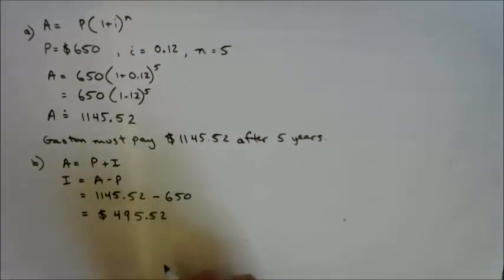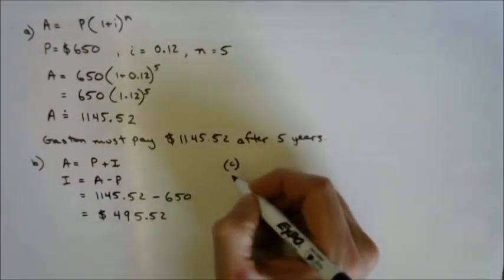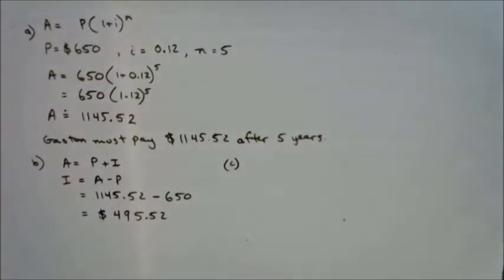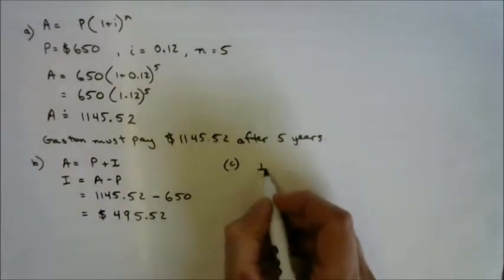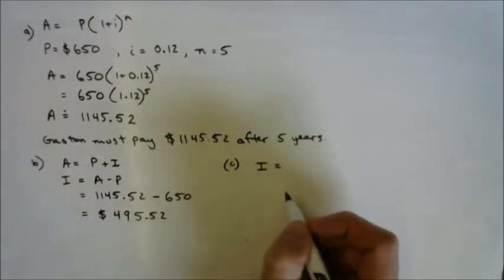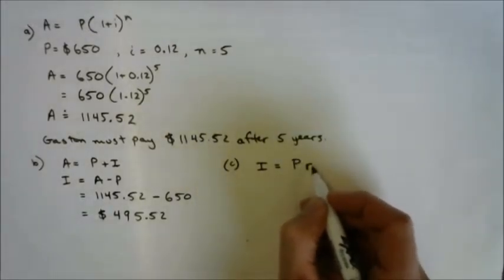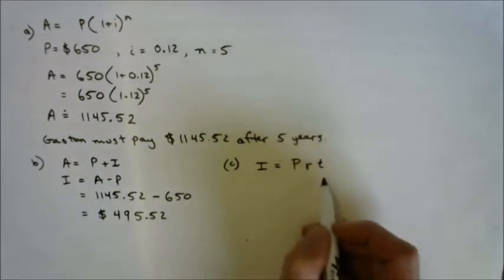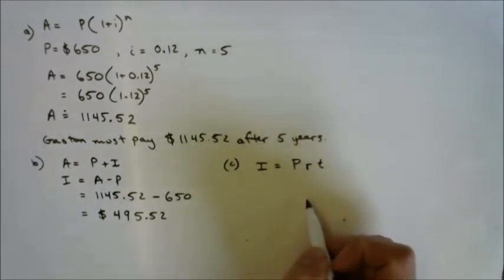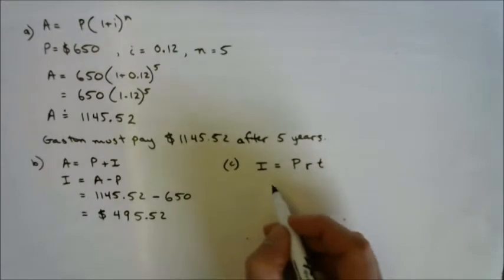Okay, let's tackle C. I'm just going to slide over. C. Compare this to the amount of interest he would have to pay if the bank charged simple interest. Okay, so still 12% interest, but this time simple interest, so it's not compounded. Well, for simple interest, you can flick back to your previous lesson, interest is just the principal times the rate times the amount of time that it's invested, or being borrowed, okay?